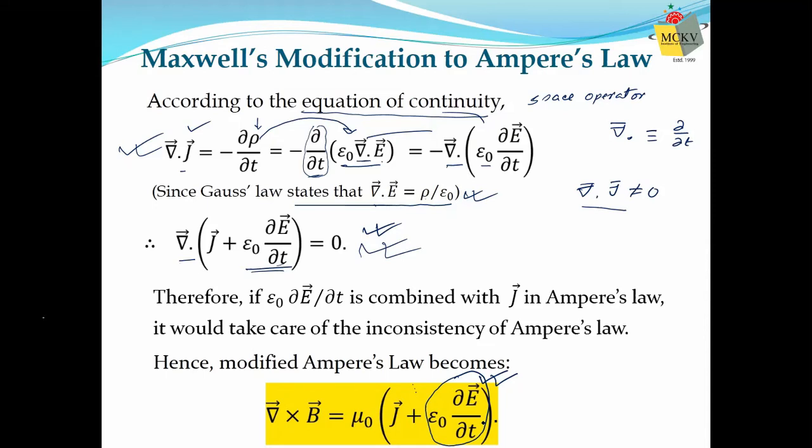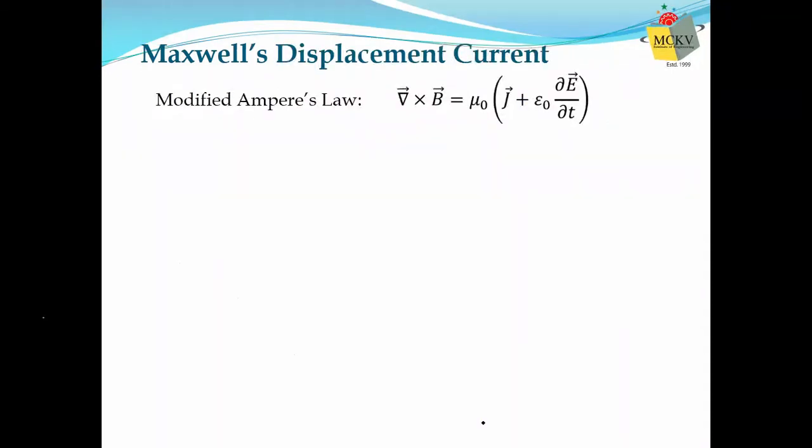Now, in removing that inconsistency, another new thing comes out. What was Ampere's law before? Ampere's law before was curl B equals mu naught J. That was our initial Ampere's law. What is the physical meaning of that?